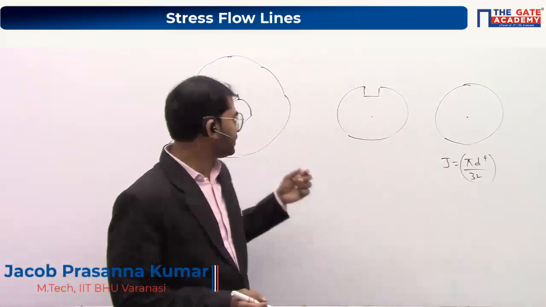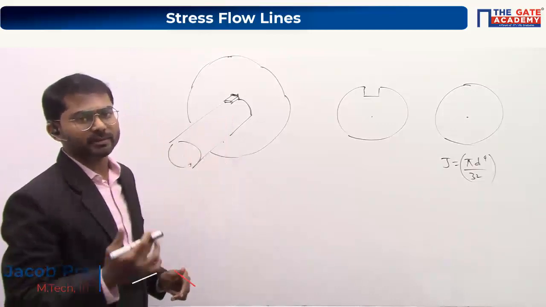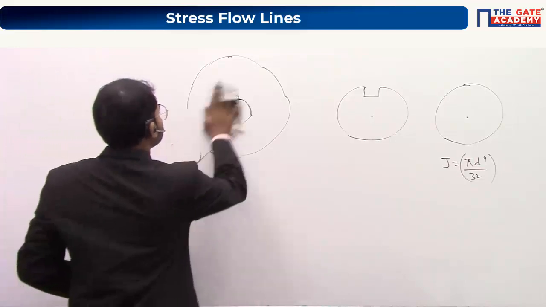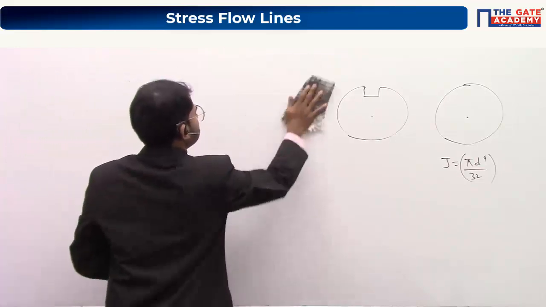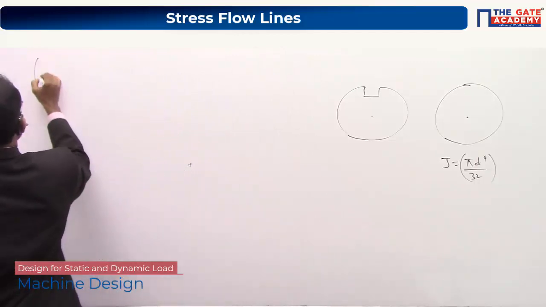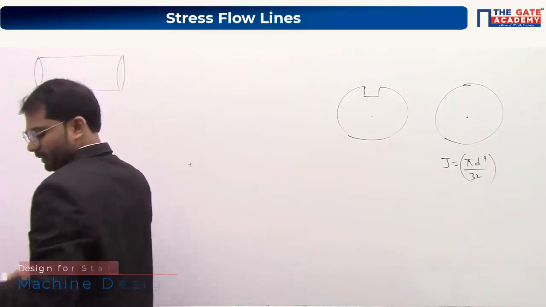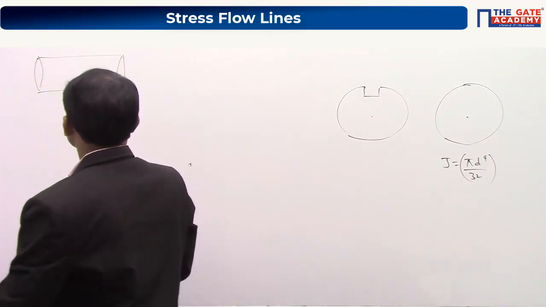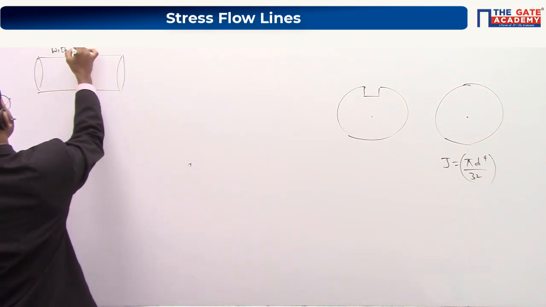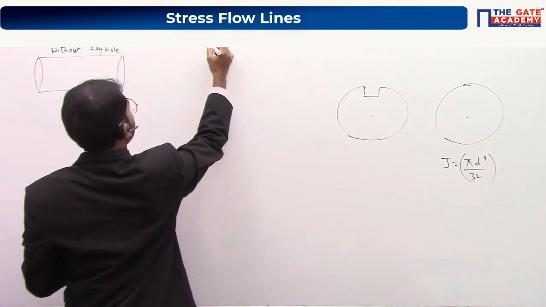If you are using this particular shaft as a tensile member, let's see how the stress flow lines come up. I am drawing this here. This is the shaft without keyhole, and this is with keyhole.